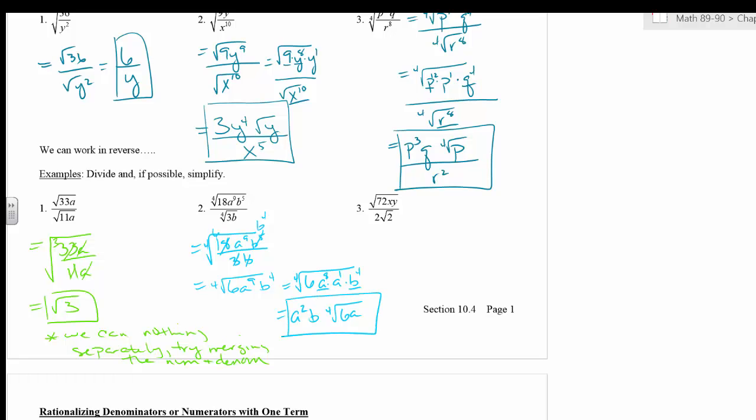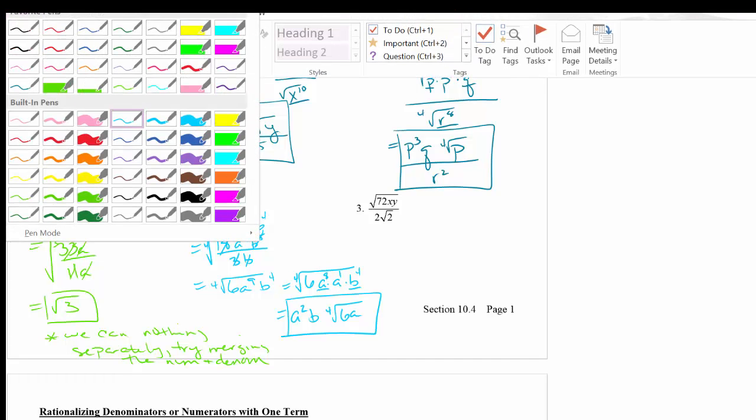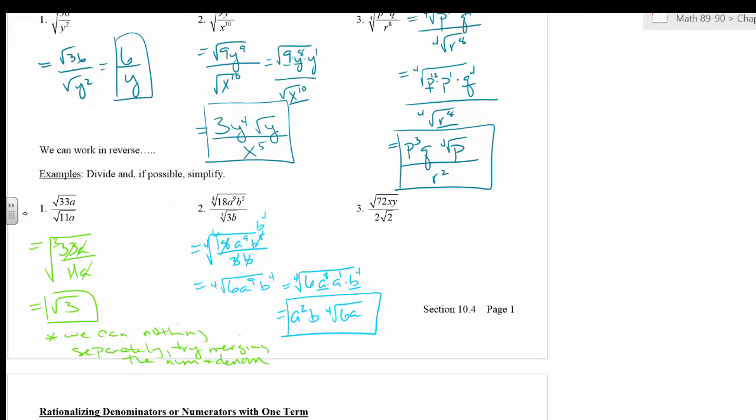All right, and our last guy, so this is where I would say, hey, you give this one a try. Grab that color. So again, not much we can do on the bottom. Let's try merging and see if anything cancels. So we have this 2 on the outside. Now there's a couple ways to deal with that.